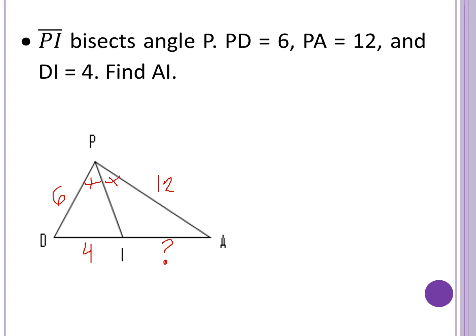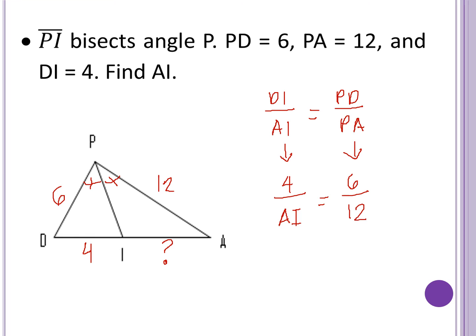Let's form a proportion from the given. So we have the ratio of DI to AI is equal to the ratio of PD to PA. Let us substitute. So we have 4 is to AI, since AI is unknown, is equal to 6 is to 12.